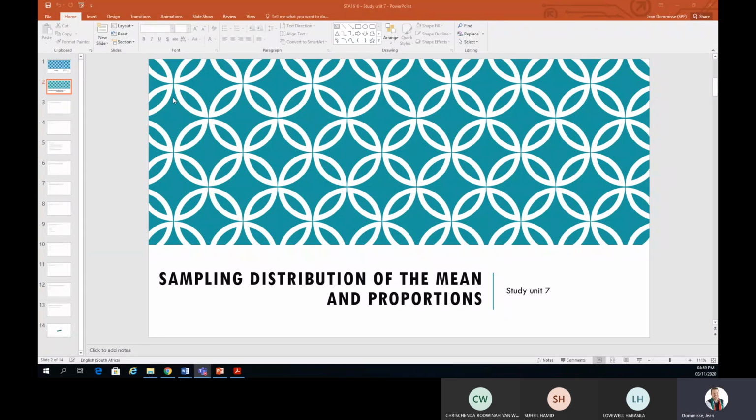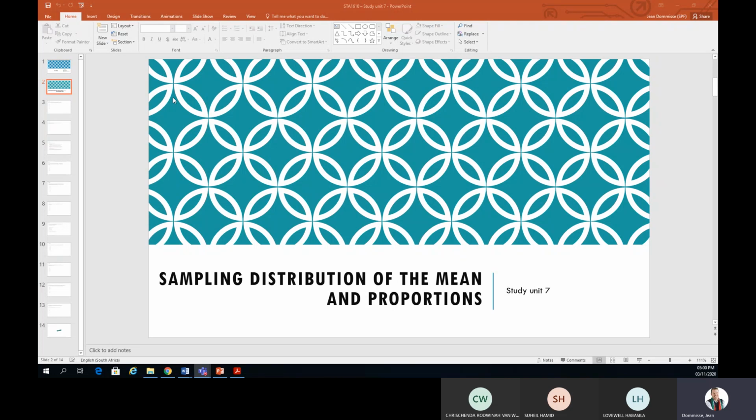When we're looking at the sample distribution of the mean and proportions, the important thing is that for the distribution of the mean, we can basically have two ways of calculating that.